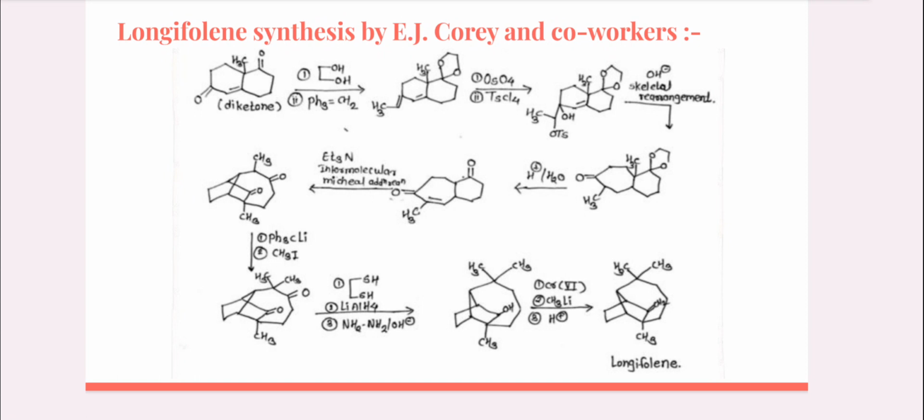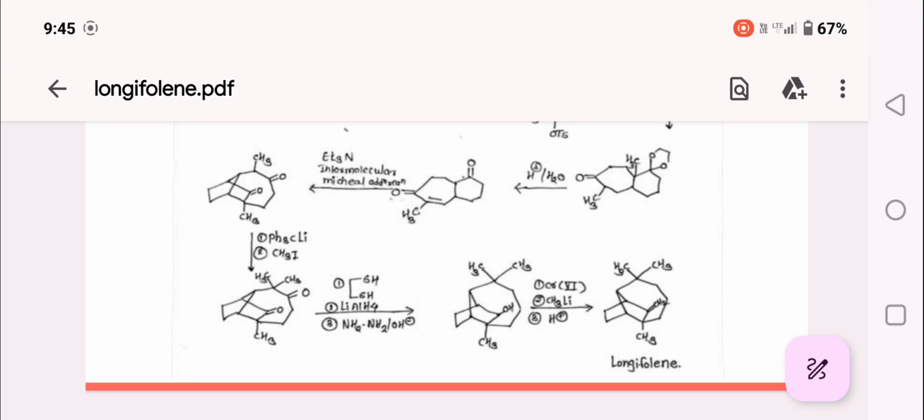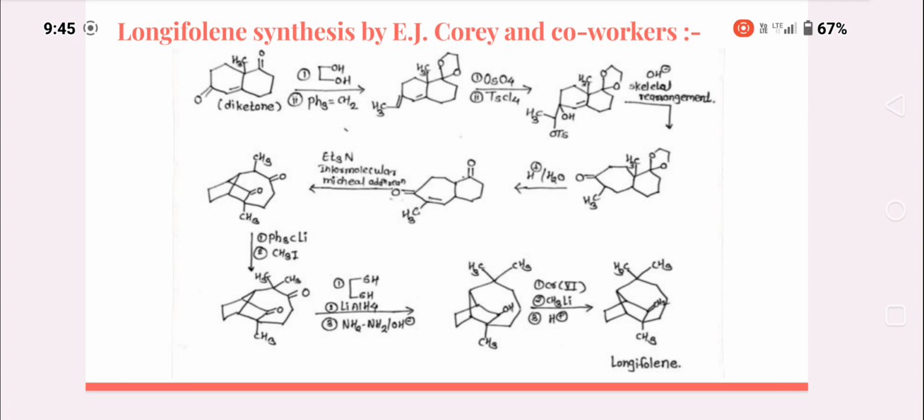In this fourth structure, the intermediate reacts with H plus in the presence of water, the protecting group undergoes deprotection, and this is the formation of the original ketonic group, and also the double bond is shifted to a particular position.